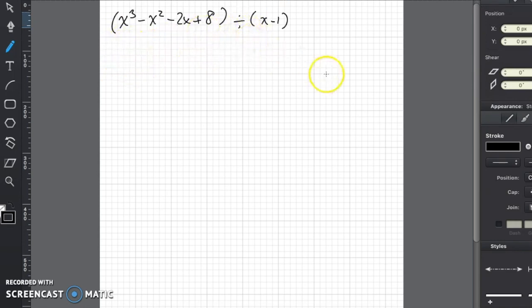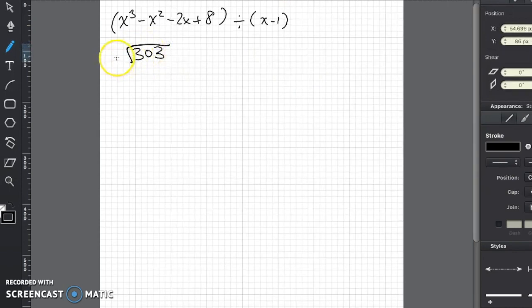So if you remember in the past, if we had something like 303 divided by, I don't know, let's say 7, what we do is we look at the first term, 3. How many times does 7 go into 3? Not many, so we go to the next term. How many times does 7 go into 30?